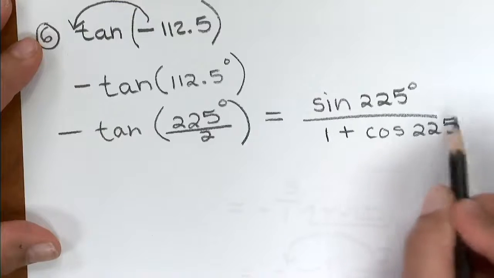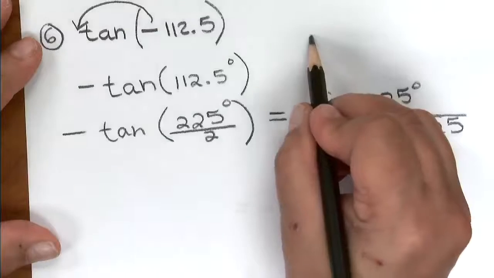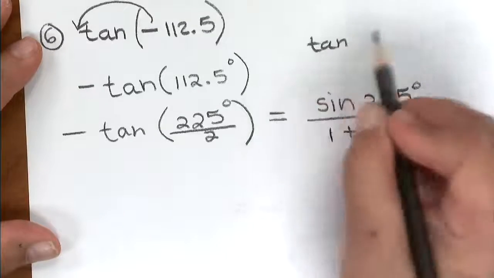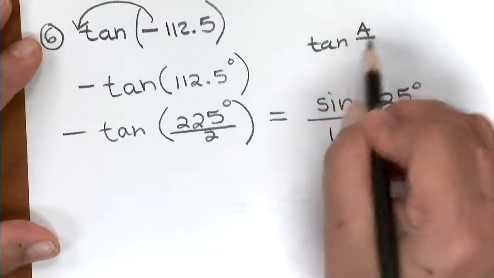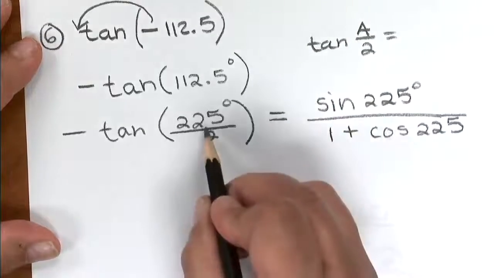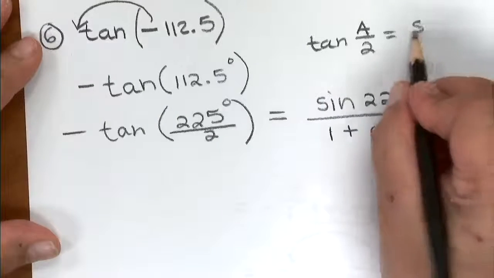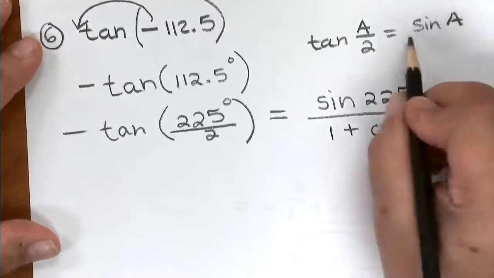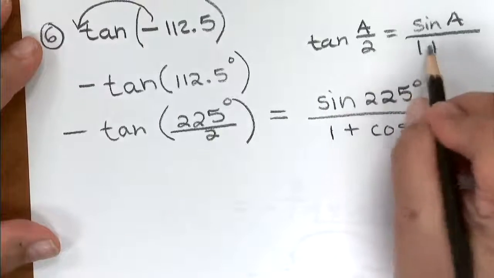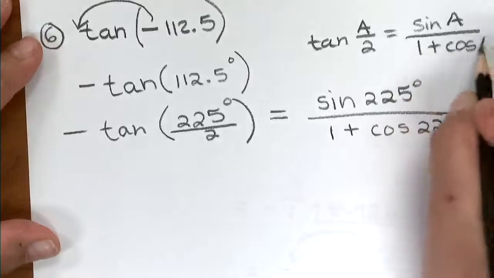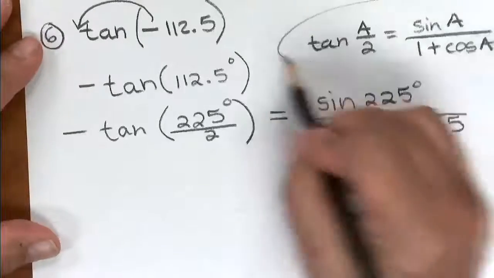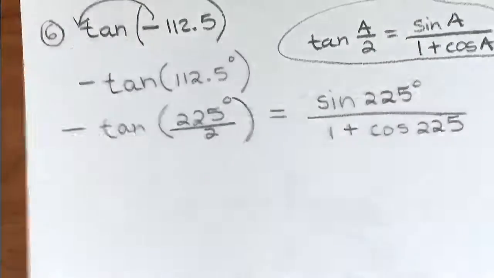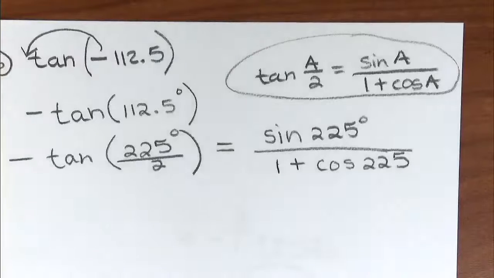That's what that formula says. Okay, I'll write it right here just so you can look at what I'm using. Tan of any angle cut in half, our angle's at 225, is equal to sine of that angle that you cut in half over 1 plus cosine of the angle that you cut in half. This is what it looks like on the formula sheet. This is what it looks like with numbers plugged in.